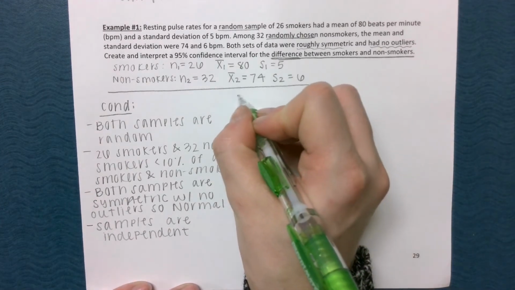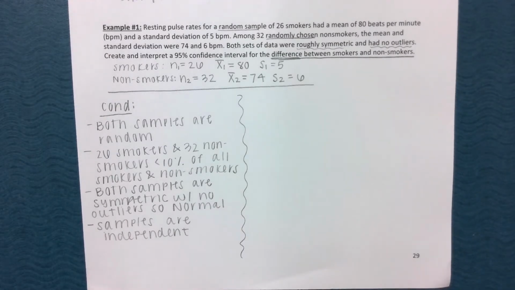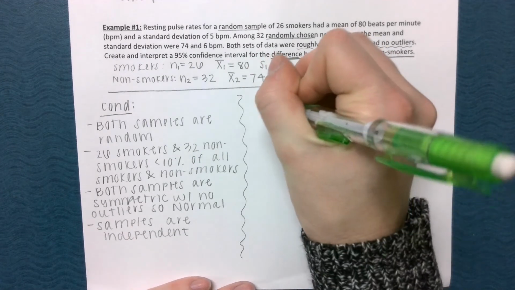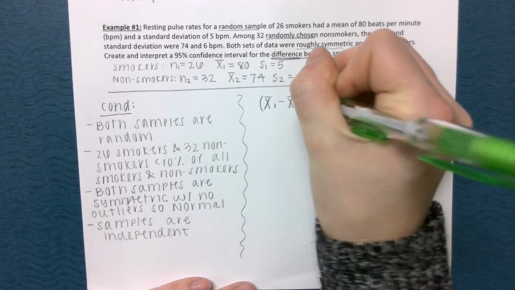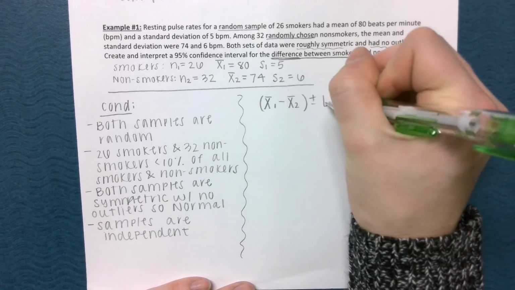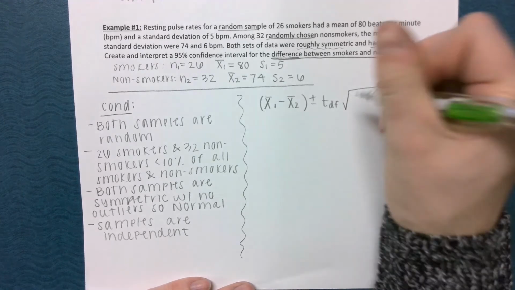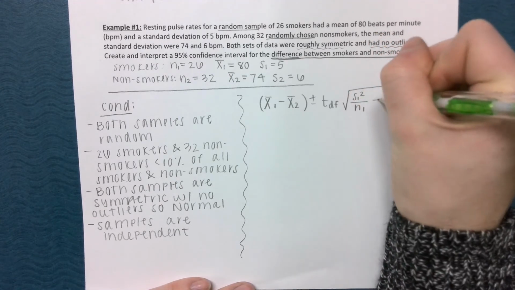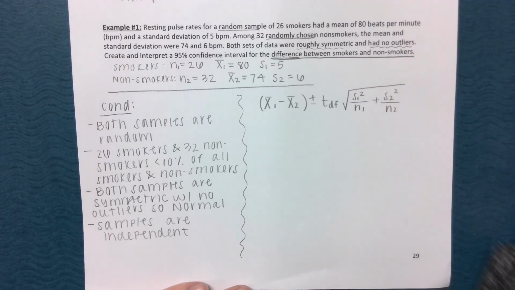Okay, once my conditions are met, I can go ahead and start working on creating my confidence interval. So I'm just going to start with rewriting my formula here. I have x bar 1 minus x bar 2 plus or minus a t-score times the square root of s1 squared over n1 plus s2 squared over n2.